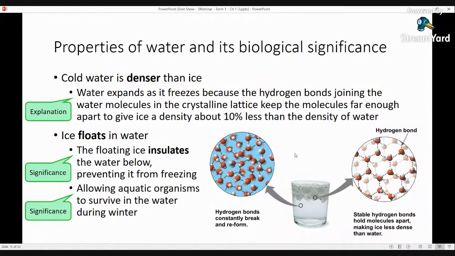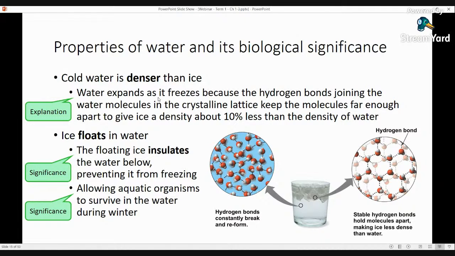The other property of water is that cold water is denser than ice. This is important for organisms that live in habitats or countries which have four seasons.